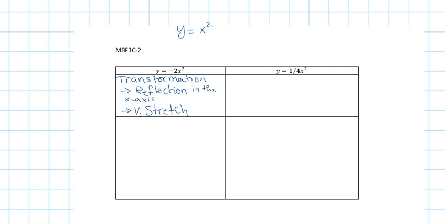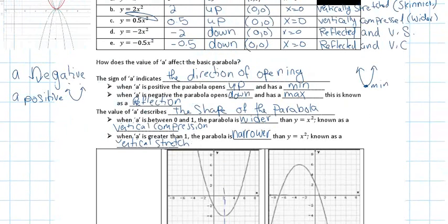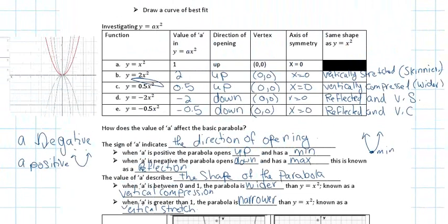What would be my vertex? 0, 0. Remember, we looked at that the A value never had any effect on my vertex. So my vertex for this is still 0, 0. Now I need my vertex because I need to be able to draw my next points.